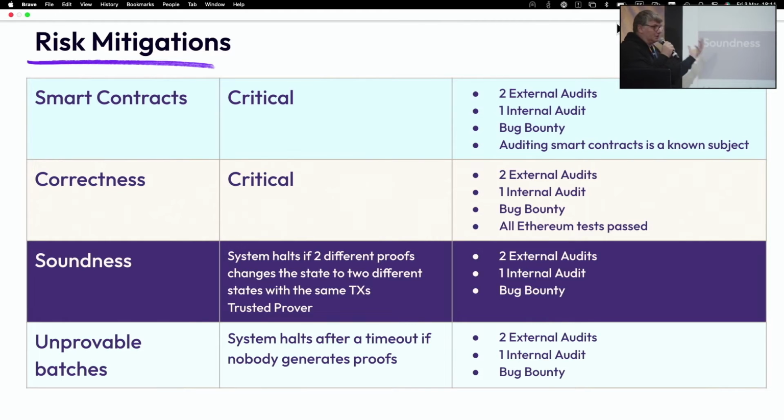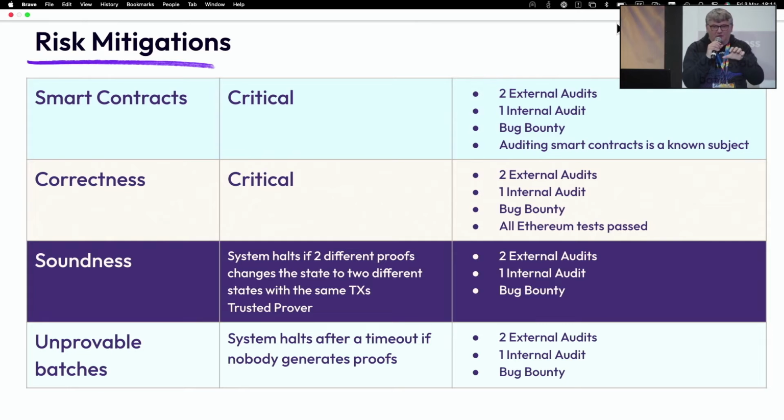This is really critical, so that you are executing the opcodes and doing what you're supposed to do. For this, besides running the audits and the bug bounty, we have a lot of confidence because our system is passing all the Ethereum tests. That means we have the whole test suite from Ethereum.